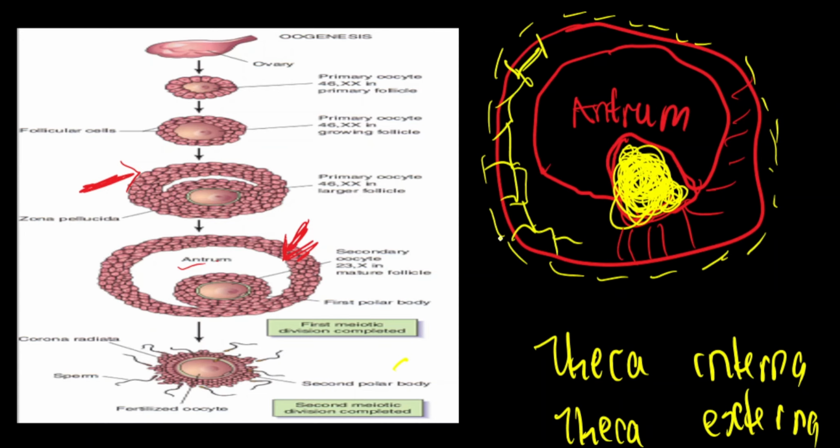With the influence of the luteinizing hormone, LH, which we considered earlier, these residual follicular cells are converted into the corpus luteum. The corpus luteum is a temporary endocrine gland.